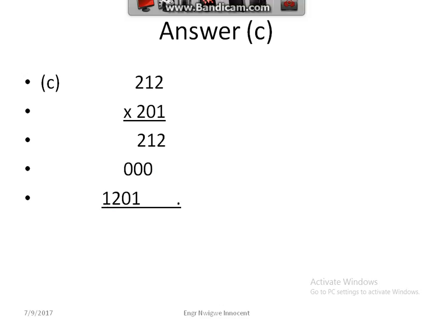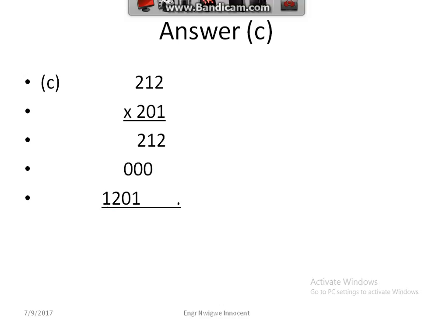We multiply 2 by 1, which is 2, plus the 1 we got from multiplying 2 times 2, which is 3. Then, since it is in base 3, we write 0, because there is no remainder, and carry 1. 2 times 2 is 4. Then 4 plus 1, after multiplying and adding, is 5.